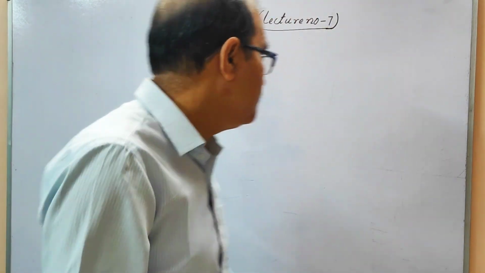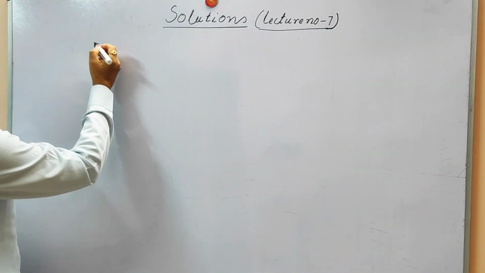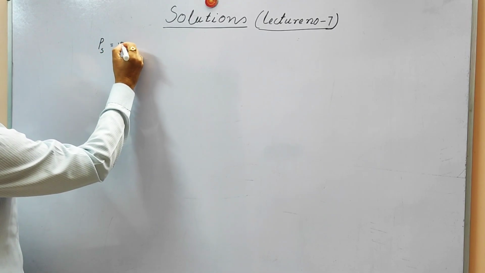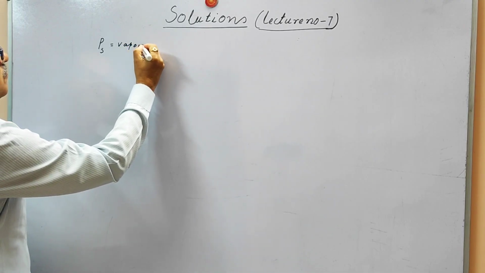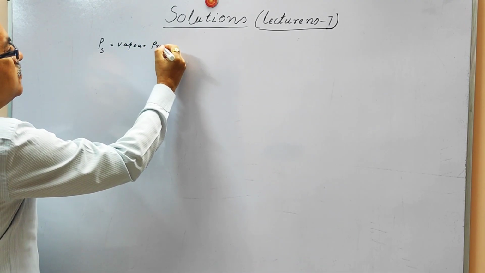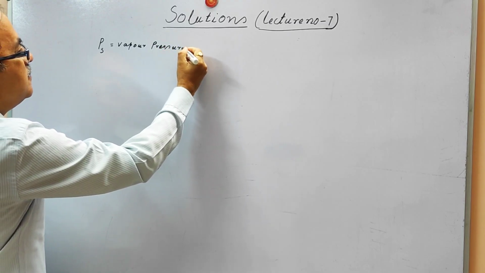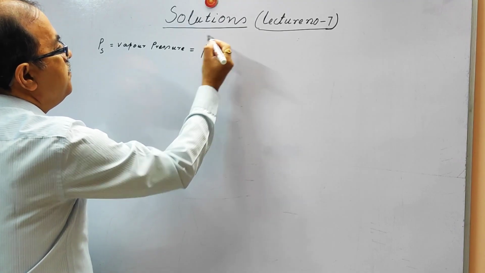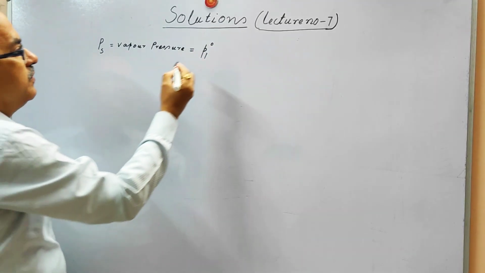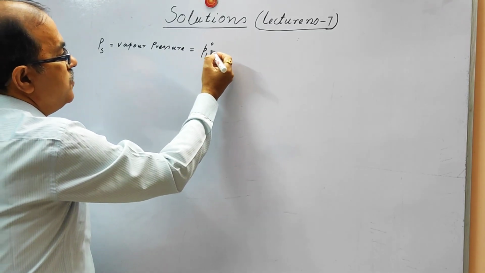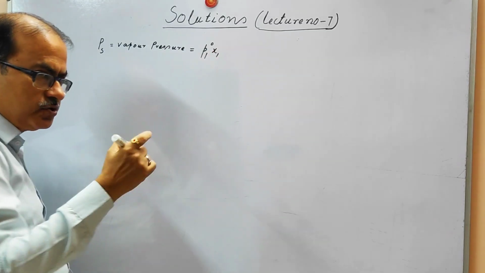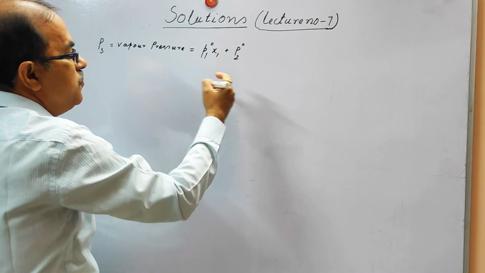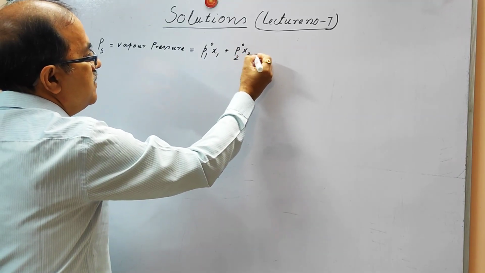And this equation is, we know, Ps, the vapor pressure of the solution, is equal to the vapor pressure of the pure component 1, that is represented by P1⁰, times its mole fraction x1 in the solution, plus the vapor pressure of the second component, P2⁰, times its mole fraction x2.